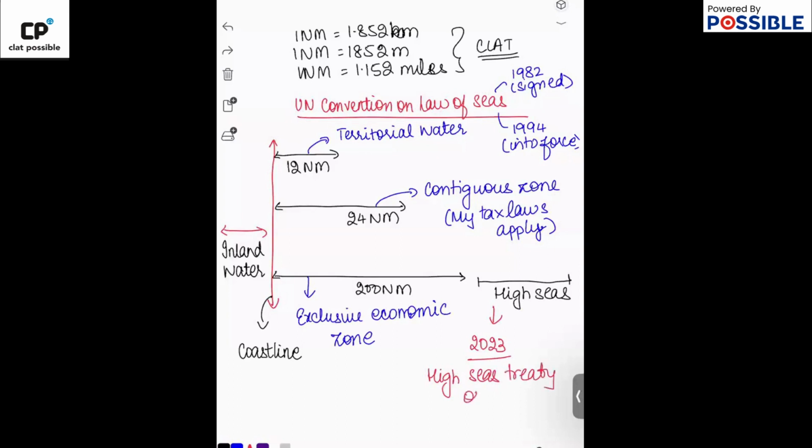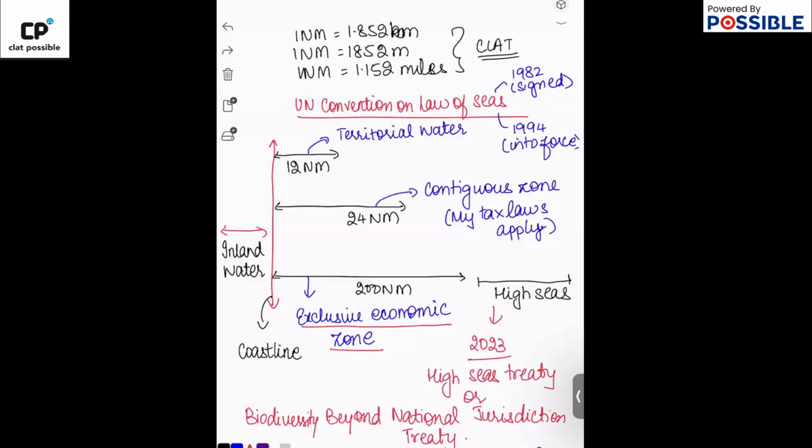Or this is also known as the Biodiversity Beyond National Jurisdiction Treaty. It hasn't come into force yet, but when it does, of course, it will be legally binding. Exclusive economic zone means exclusively my country can do economic exploitation here, earn money, mine polymetallic nodules, and put its submersible in it.